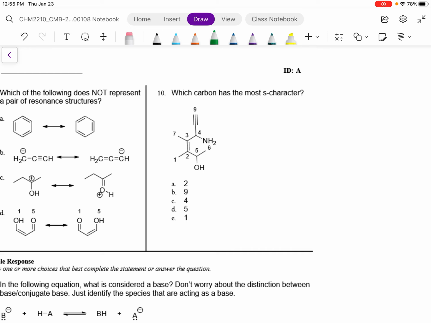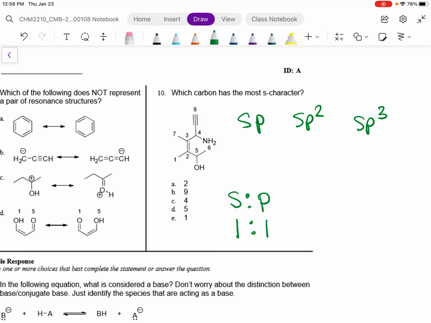What's this one? Which carbon has the most S character? So this goes back to general chemistry. Okay? If we have sp, sp2, sp3. So when we look at the ratio of s orbitals to p orbitals, when we look at the sp, we have one s and one p.